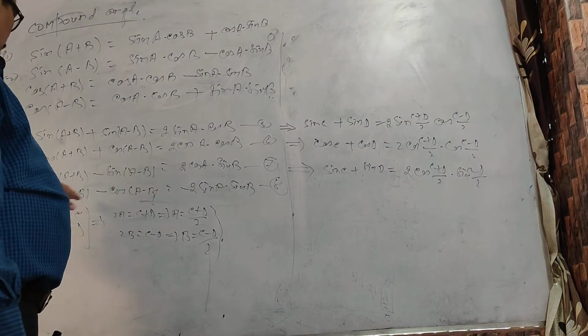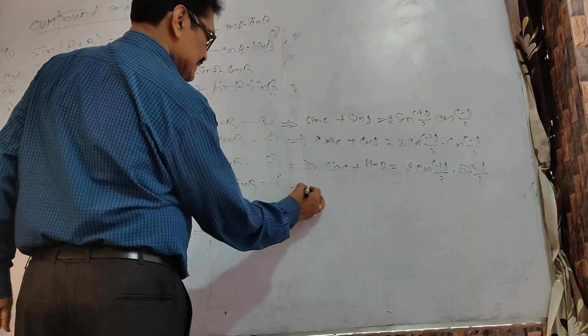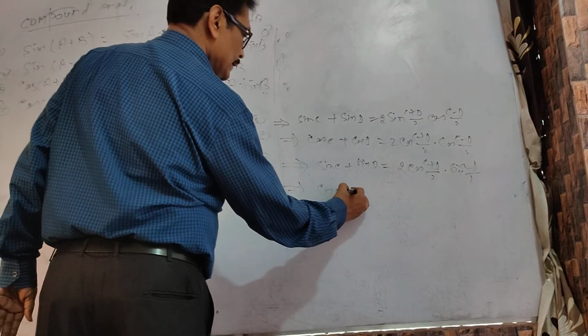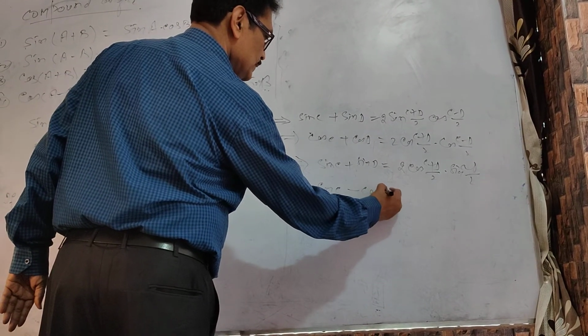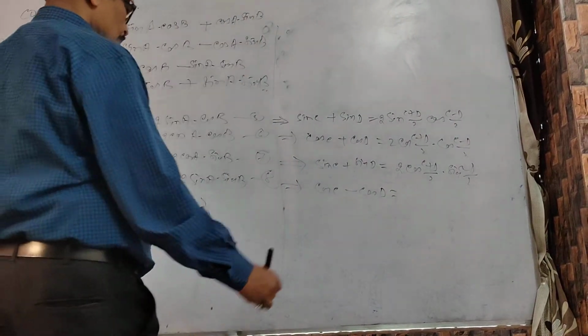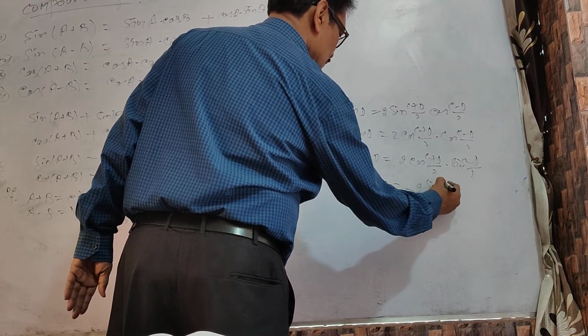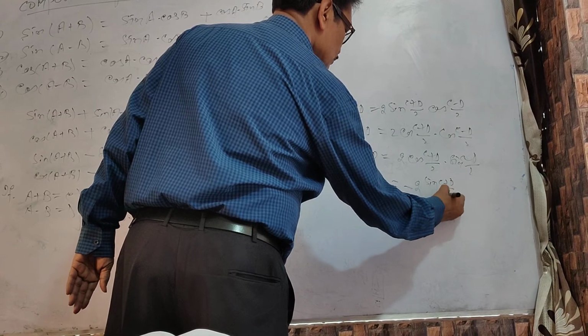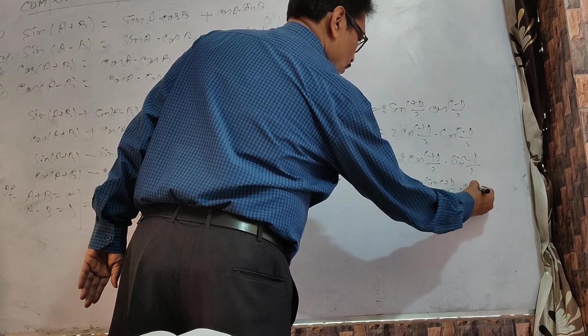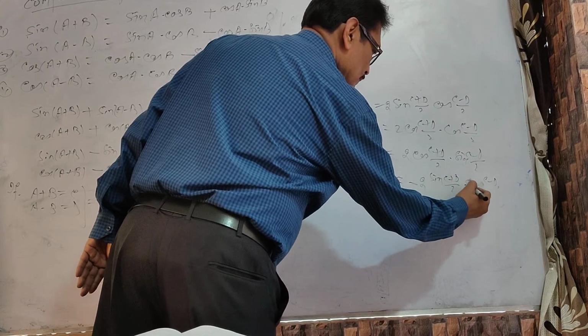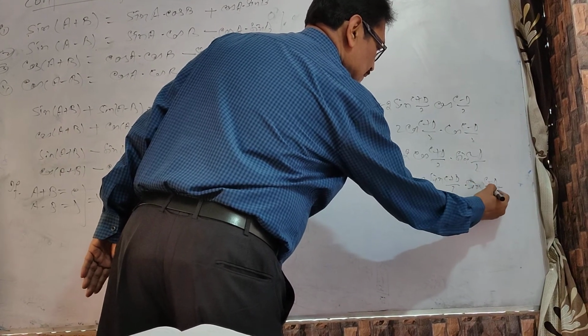Again, from 8, this result becomes cos C minus cos D is equal to minus twice sin C plus D upon 2 and sin C minus D upon 2.